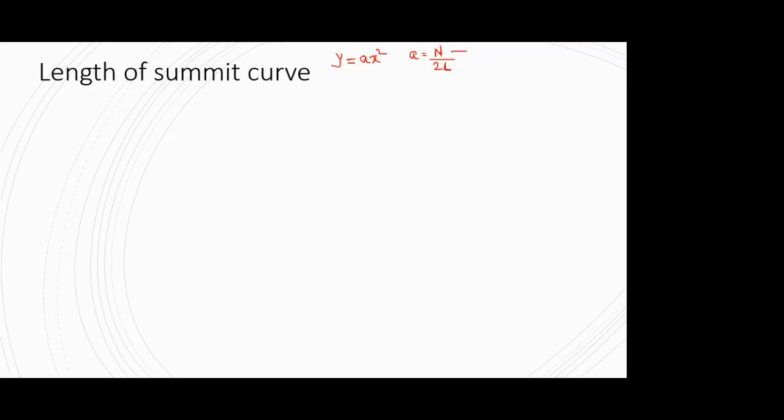Here N is the deviation angle that we saw in the last slide, the algebraic difference between the intersecting gradients, and capital L is the length of your summit curve.